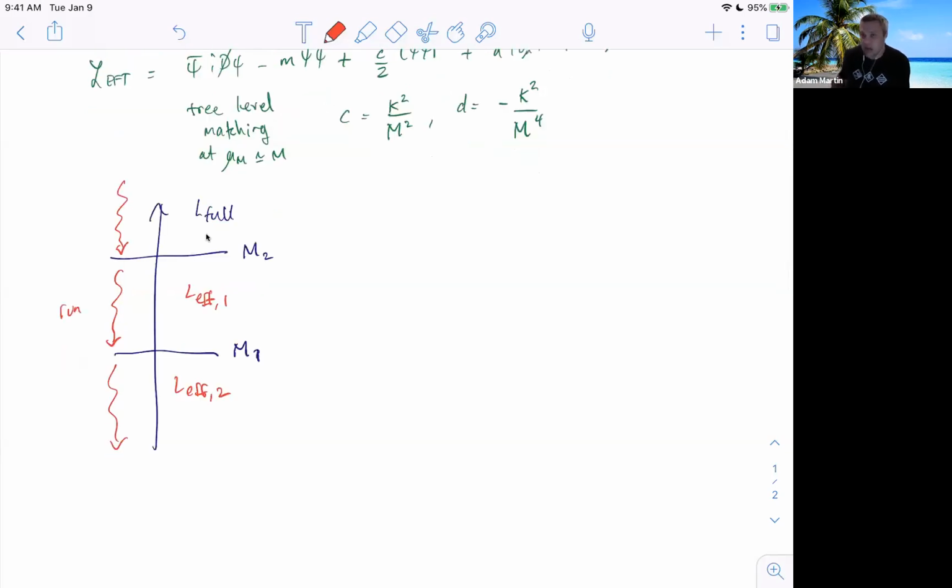This is exactly how you want to organize calculations to make sure that you don't have loop soup, that you've summed up all of the perturbations of something while maintaining our power counting in things like P over these M's.